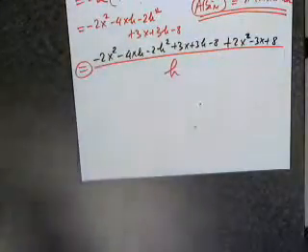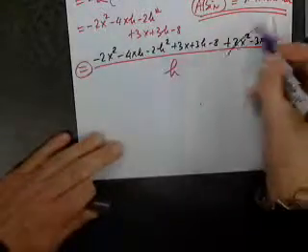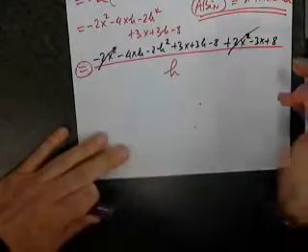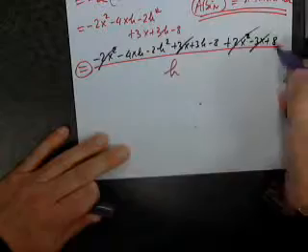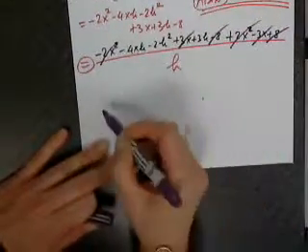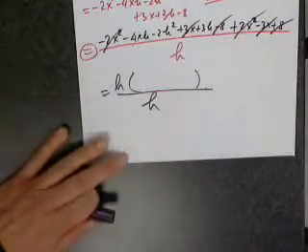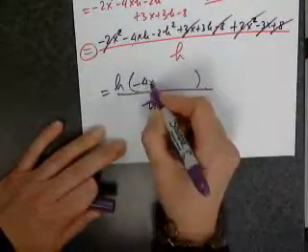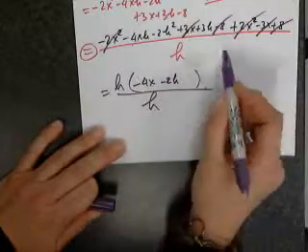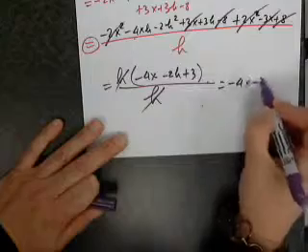And now I hope a lot of them go away. All terms with no h have to go away. Now I see 3 terms. They all have h. I will have to factor it out so I can get rid of it. Negative 4x, negative 2h, and plus 3. And that will be final.